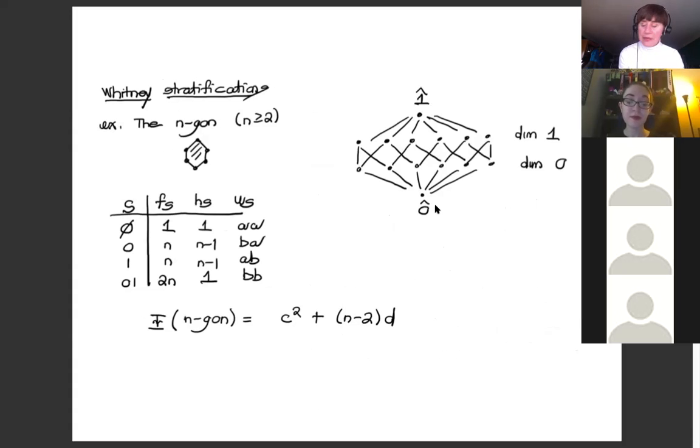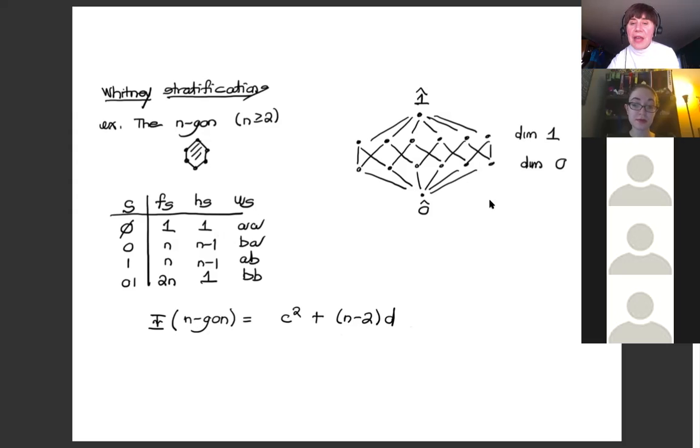And if we wrote out the flag f-vector, I have one empty face, n vertices, n edges, and f_{01} is 2 times n, because every vertex is incident with 2 edges. You massage it, get the flag h-vector. You have these monomials encoding the subsets. You get the CD index of the n-gon is C squared plus (n minus 2) times D.